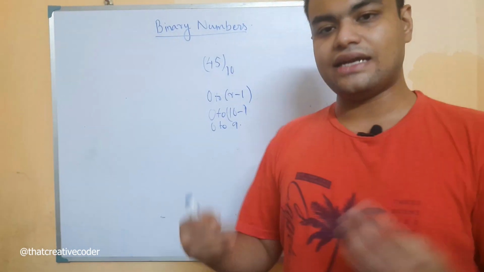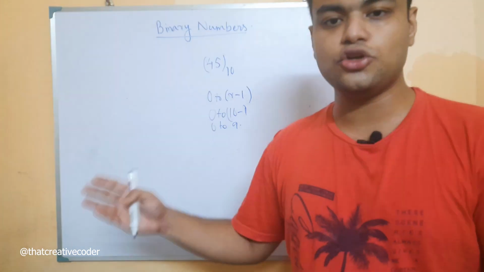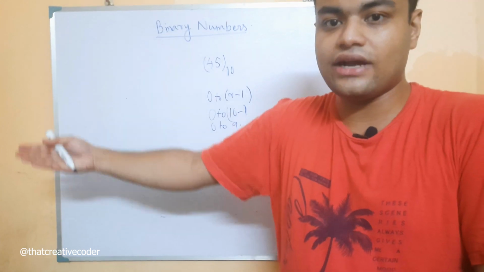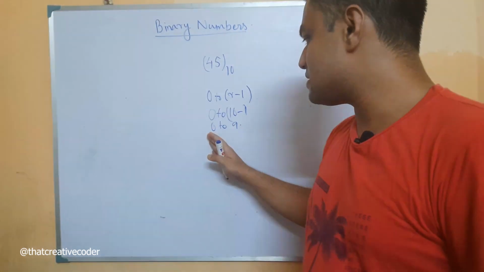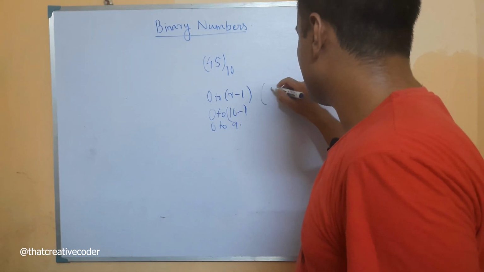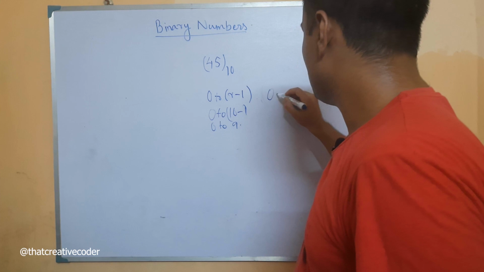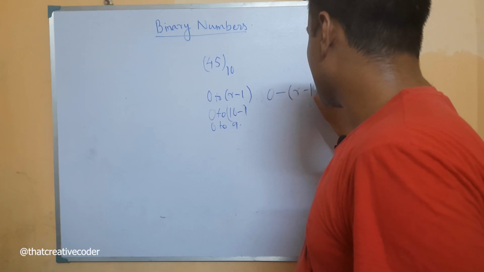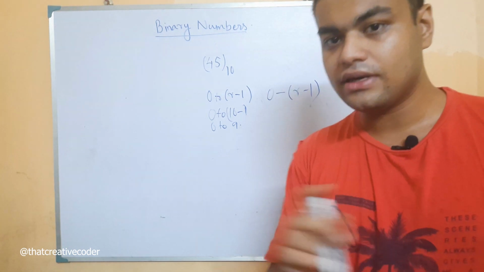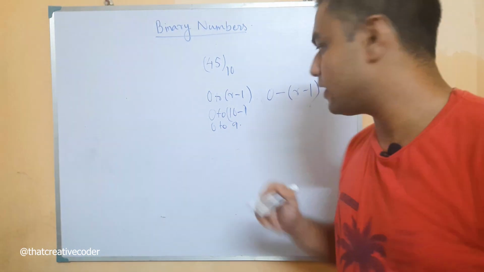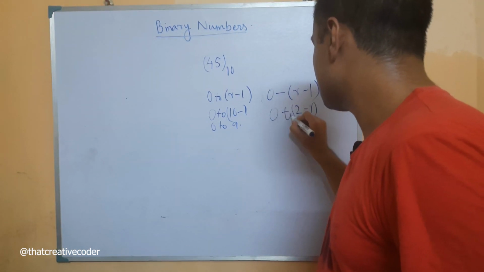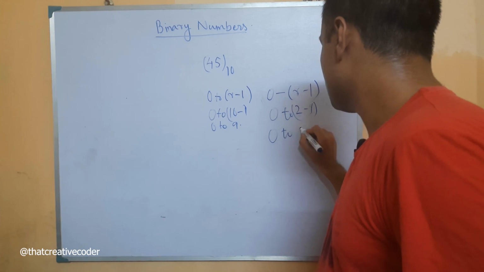It's very obvious. In the decimal number system, we only have 0 to 9, right? We don't have any numbers beyond 9. But if we take the range 0 to r minus 1 and replace r with 2 for the binary, base 2 number system, we get 0 to 2 minus 1, which is 0 to 1.